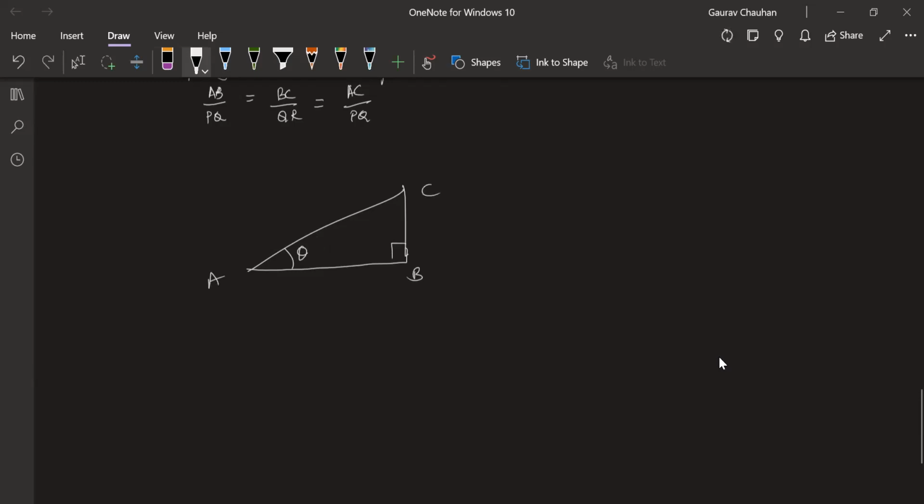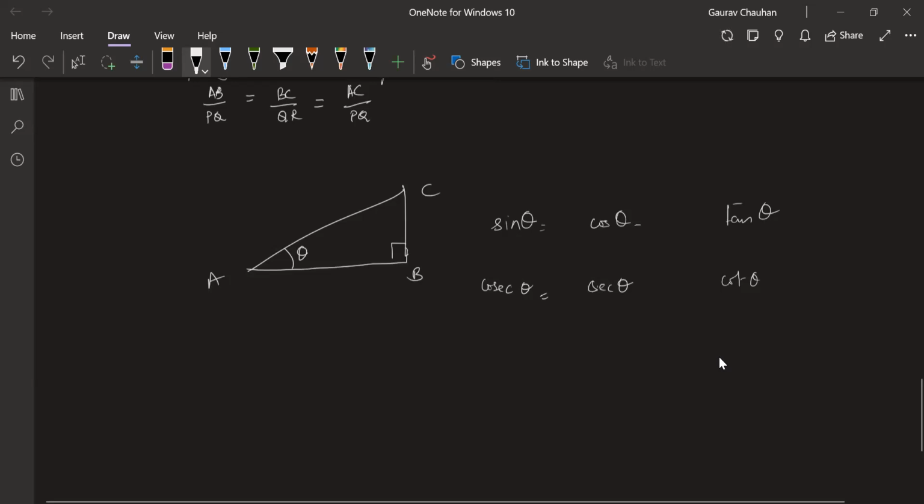We have several ratios: sine, cos, tan, cosec, sec, and cot. All of them are functions of this angle, defined in terms of the ratios of the sides, right?